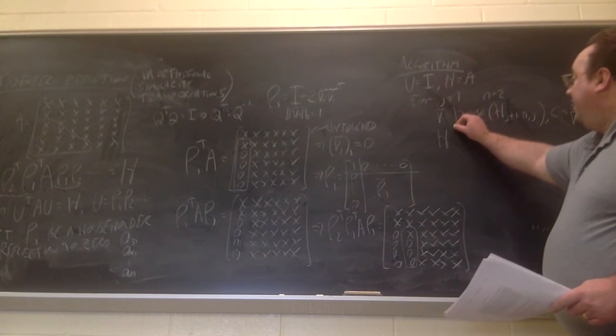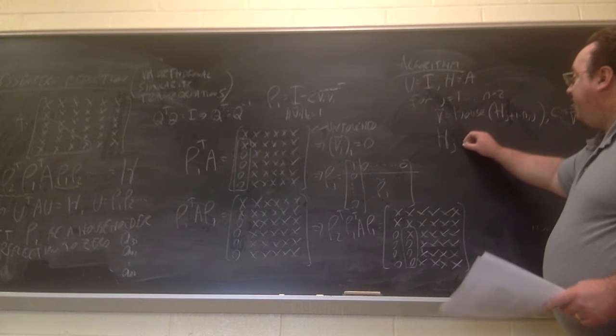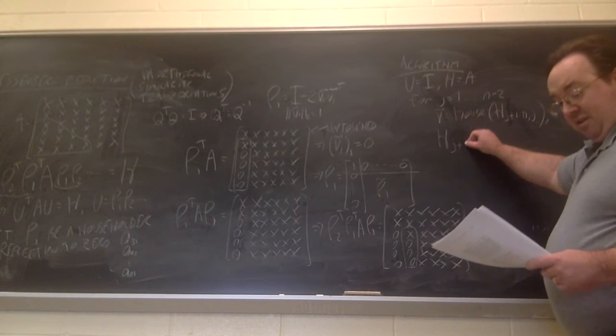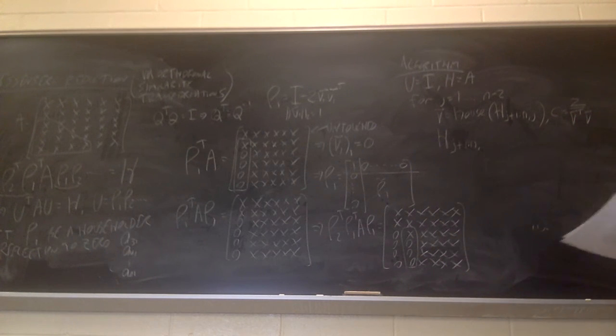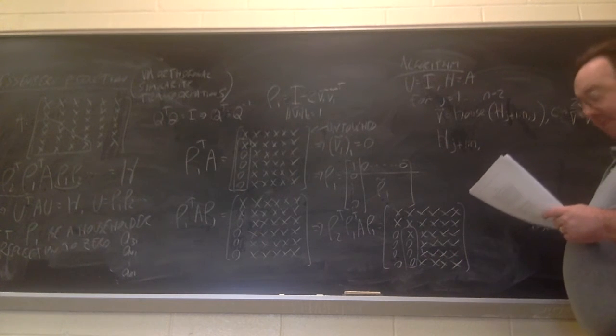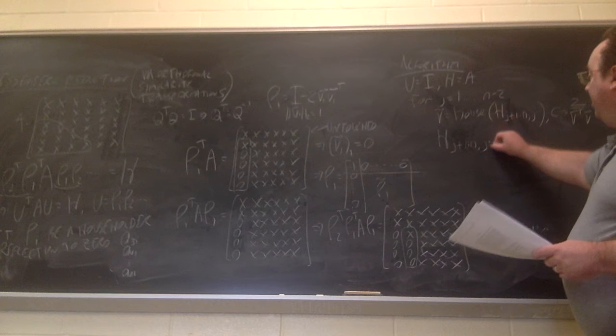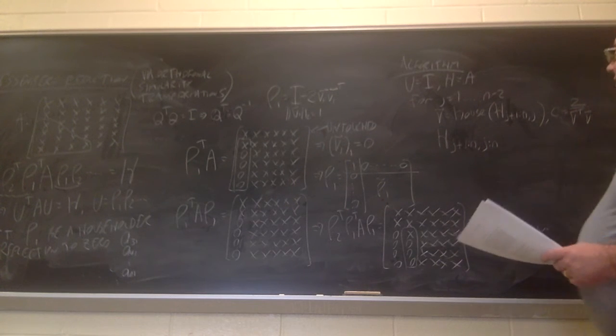But I'm only affecting rows j plus 1 to the end. So, like when j equals 1, first row, not touching. And then columns, j to the end.